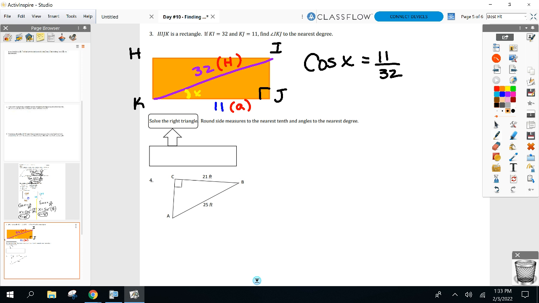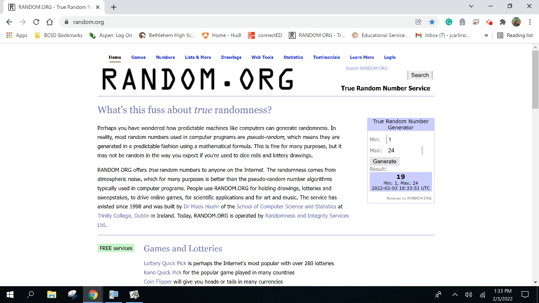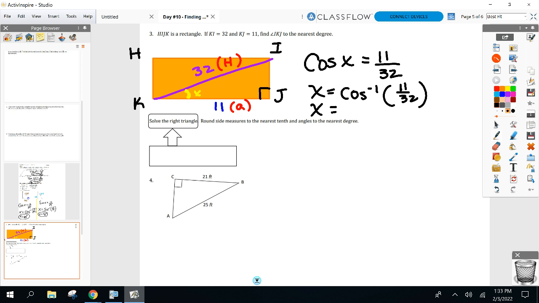If you're finding a degree, we inverse it. We don't cross multiply. So X equals inverse cosine 11 over 32. When you're ready, to the nearest degree. 70 degrees. Yep, nice job.